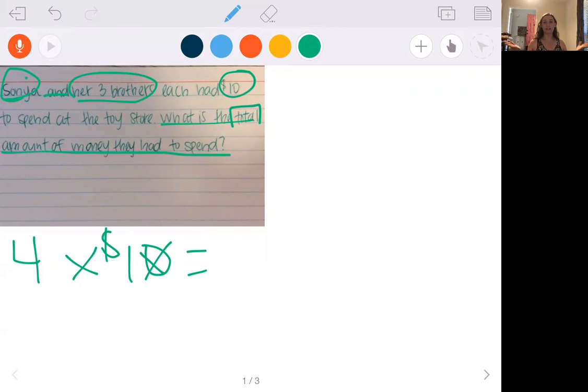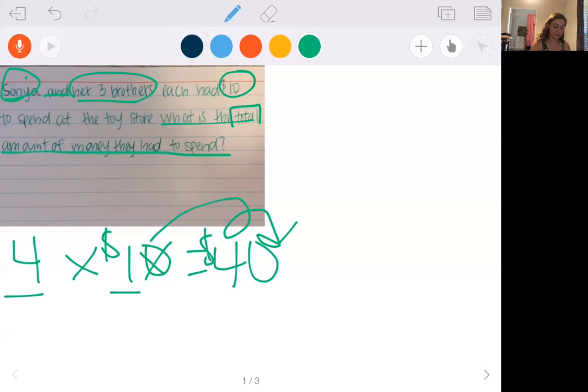But I can't just make that 0 disappear. It has to go somewhere. So I'm going to take it from the end of my multiple of 10, and it's going to do a little flip right down to the end of my answer. And now I'm just left with my basic fact of 4 times 1. And 4 times 1 is 4. So I can say that they had a total of $40 to spend at the toy store.